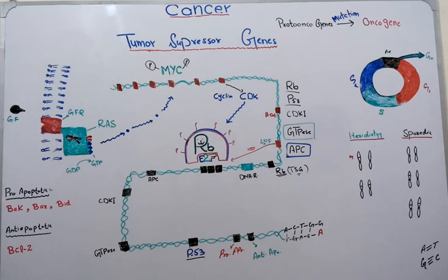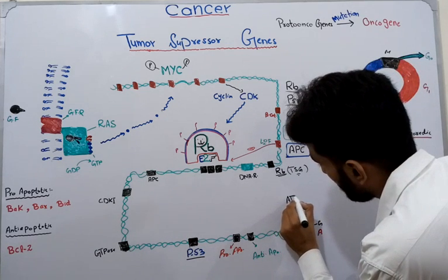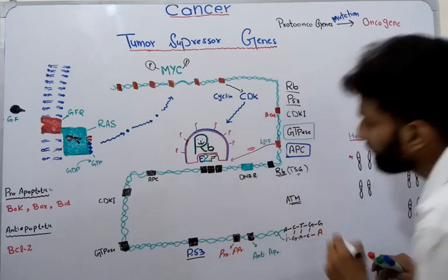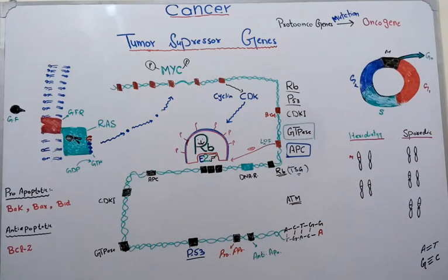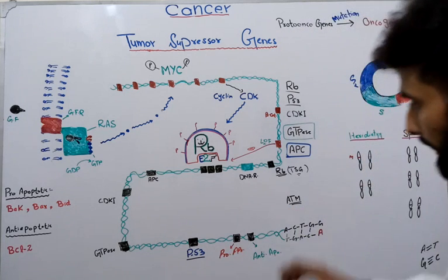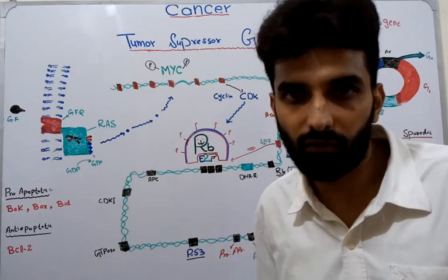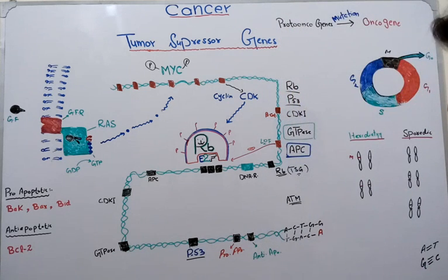Now, if there is any mutation, what will happen? A protein ATM, that is basically responsible to identify the DNA damage, and once it identifies it, it will activate some other proteins to repair this damage, like P-53, like breast cancer type 1 genes and some other genes as well, so that repair can be done.